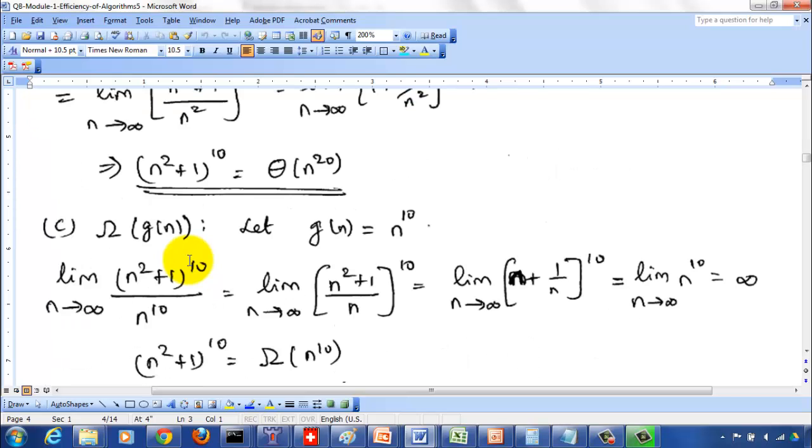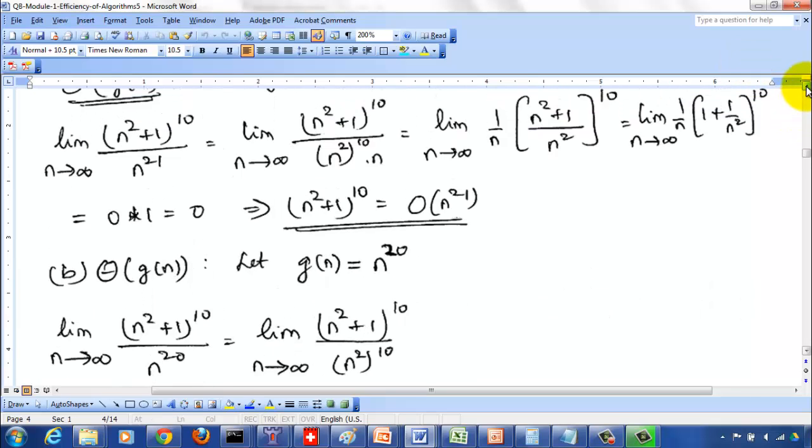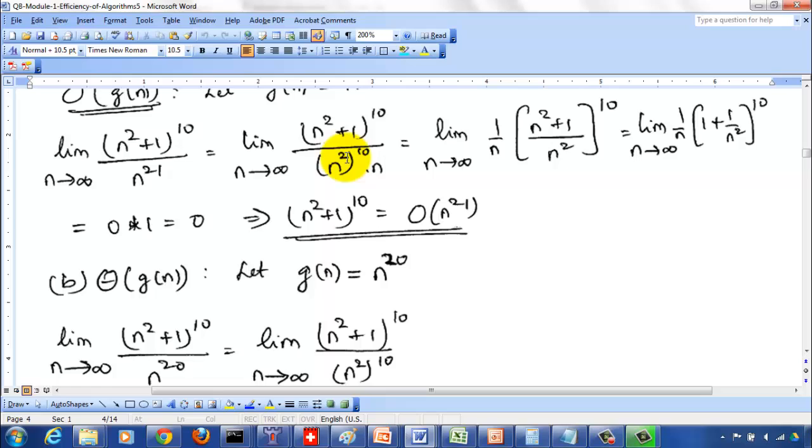So we'll use the limit. Limit n tends to infinity, (n square plus 1) raised to 10 divided by n to the 21. I can say this is n times (n square) raised to 10, so I can take this n square inside. So limit n tends to infinity, 1 over n times ((n square plus 1) divided by n square), the whole thing raised to 10. So it is (1 plus 1 over n square) raised to 10.